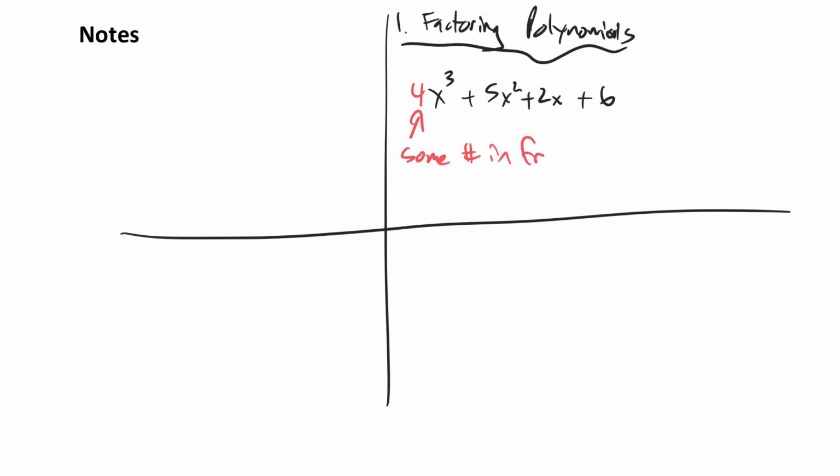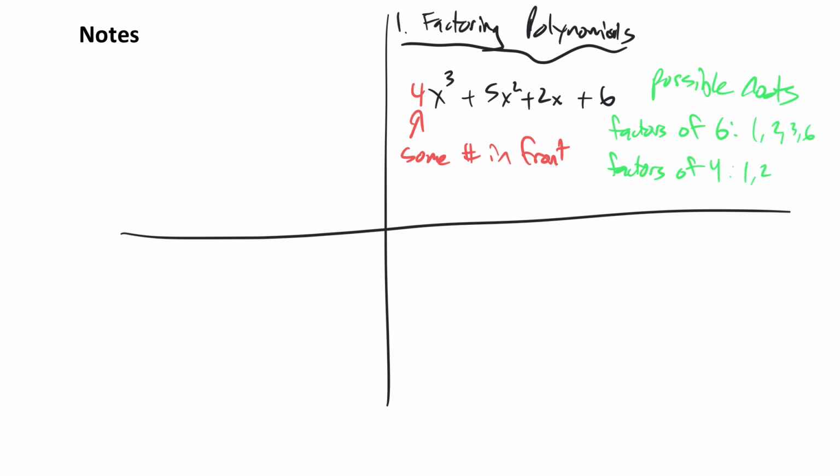And when you have a situation like that, to find the possible roots, you have to do the following. The possible roots come from looking at the factors of 6 and the factors of 4, 1, 2, 3, and 6, 1, 2, and 4, making a fraction, and then putting plus minus in front of every single one of them.